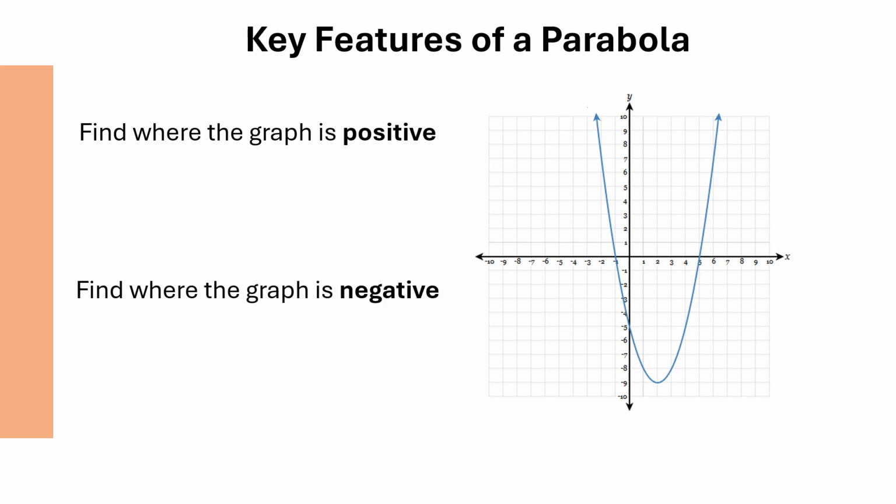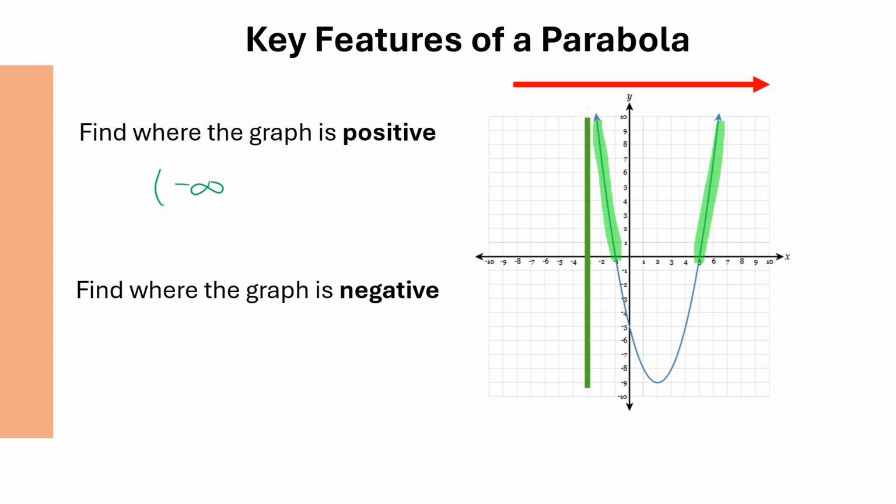The graph is positive when it is above the x-axis, like here. And when you write the domain for the positive, again, you're reading it from left to right. So we are starting on the arrow side on the left side. So for the positive, we're starting with negative infinity.